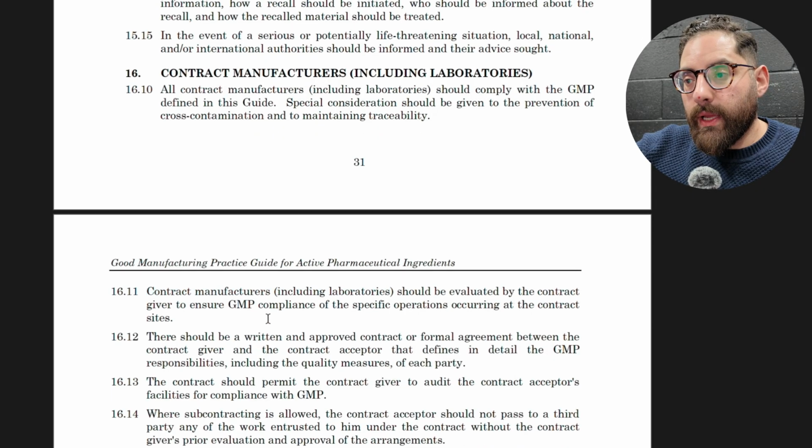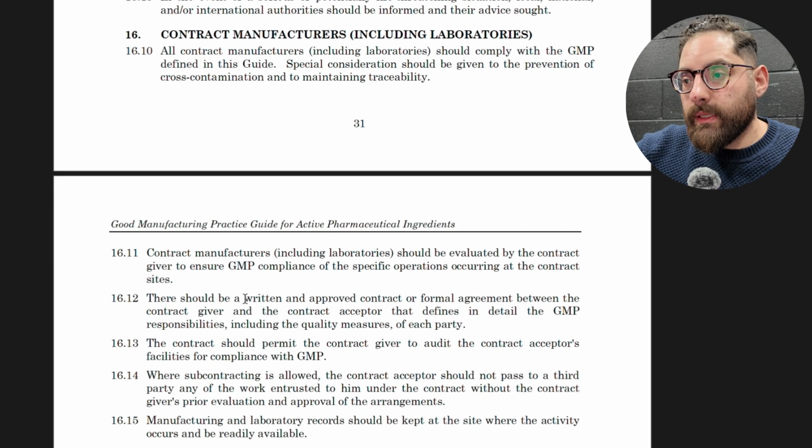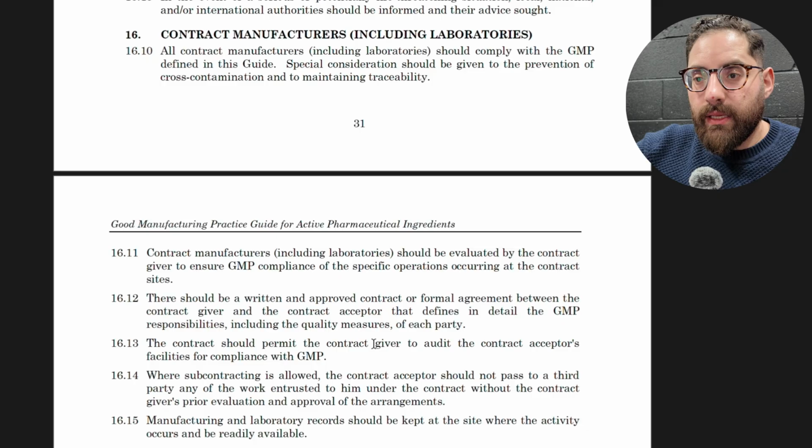You need to have a written and approved contract or agreement that includes responsibilities, quality measures. The contract should allow the entity that owns the API to audit the facility. And where subcontracting is allowed, the CMO should not pass any of its activity to a third party without the entity who's responsible for the API giving them prior approval.